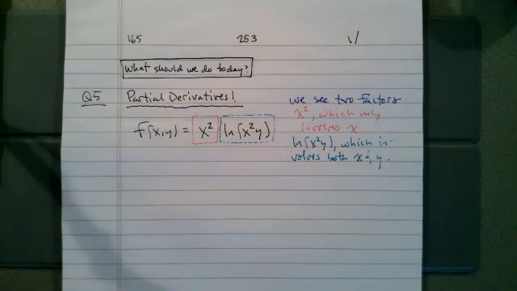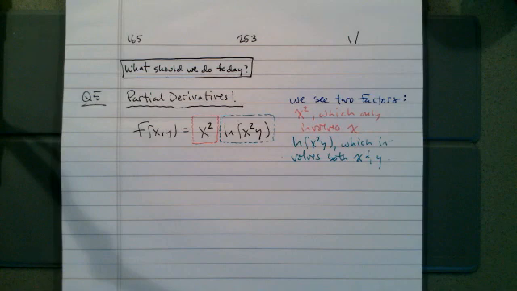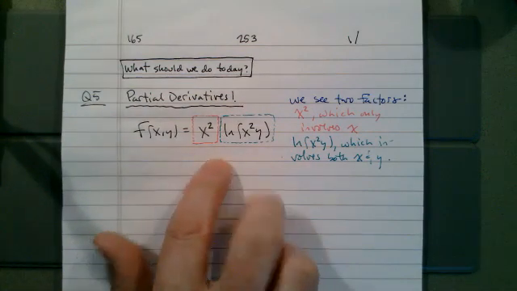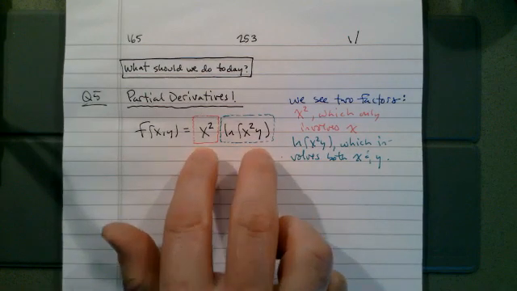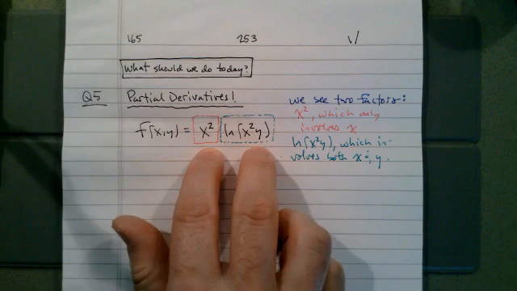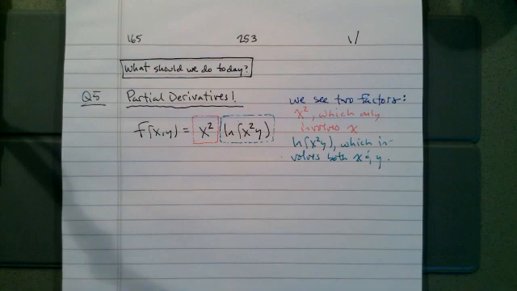So that's the first thing that we want to notice going on in this problem. I see the x squared times the natural log of x squared y. So I see the overall structure of this function is a multiplication between these two factors. The overall structure is multiplication, and so that tells me product rule is going to be a thing.